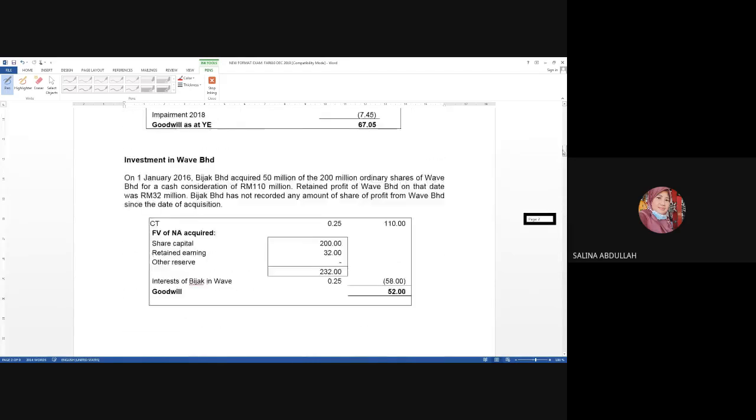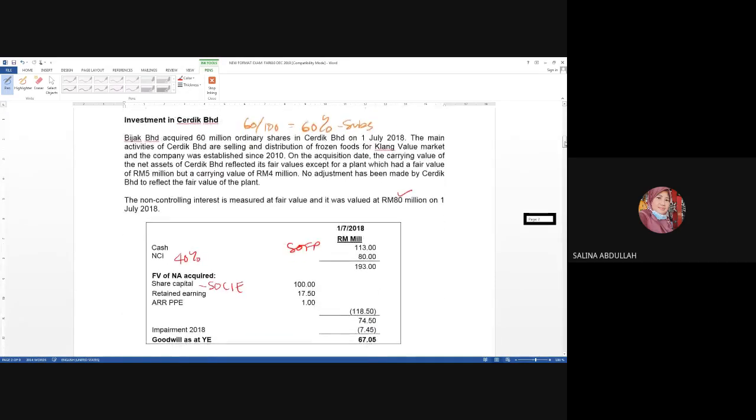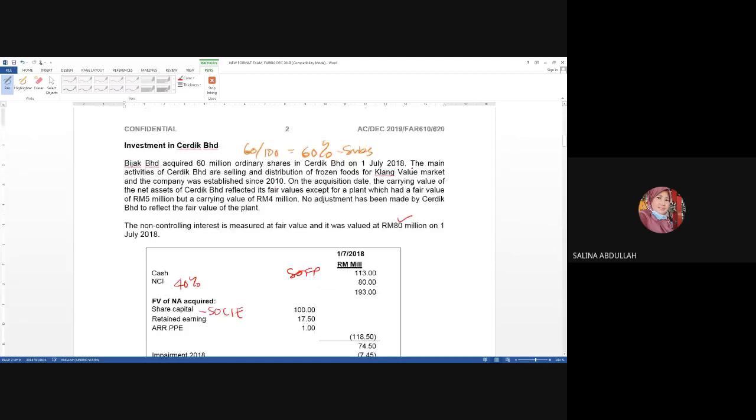Retained profit at acquisition is not given directly in this paragraph, but bear in mind the date of acquisition of S2 here is during the year. Remember the accounting period is from 1st January 18 until 31st December 18. So this is exactly 6 months after the start of the accounting period.